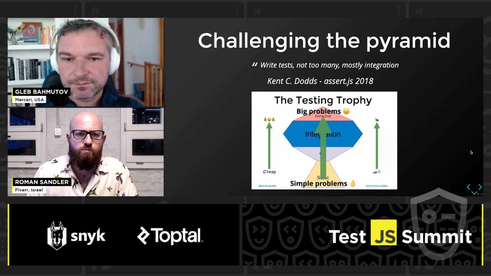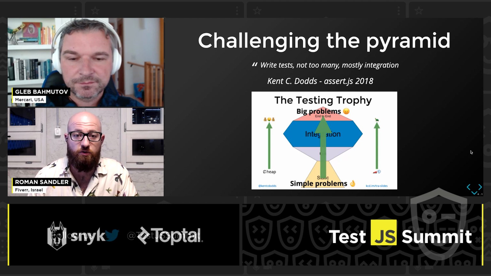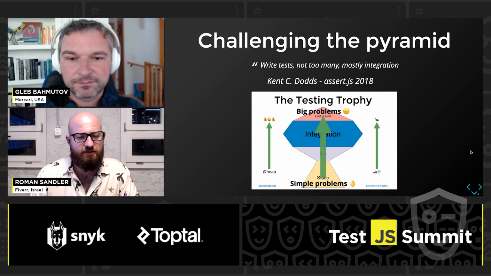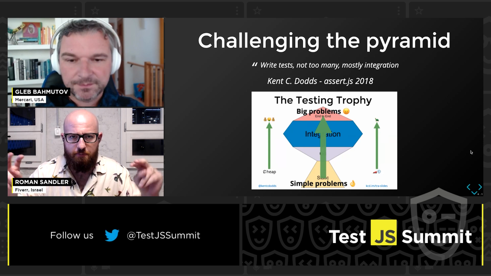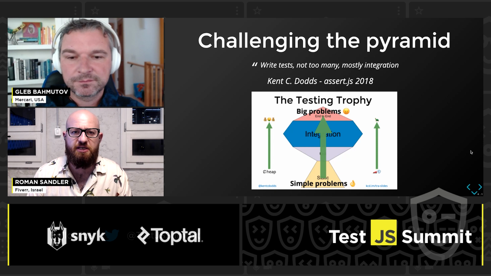And with time, this idea started to get challenged. And I think the most interesting and recent example of this is actually the testing trophy introduced by Kent C. Dodds at AssertJS in 2018, where basically he says, instead of having unit tests as the core of your pyramid or shape, the biggest part of your test suite, it should be integration tests.